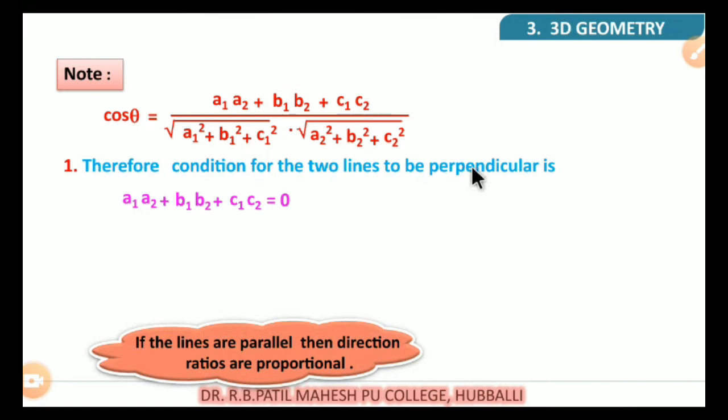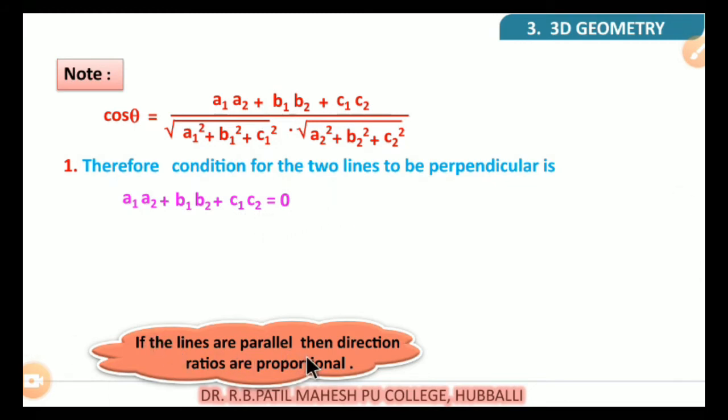Whenever the two lines are perpendicular, then cos theta becomes 0. So this expression will be 0, because we can transfer these two terms to the left side. So that all becomes 0. Therefore, this is a1 into a2 plus b1 into b2 plus c1 into c2 is equal to 0.